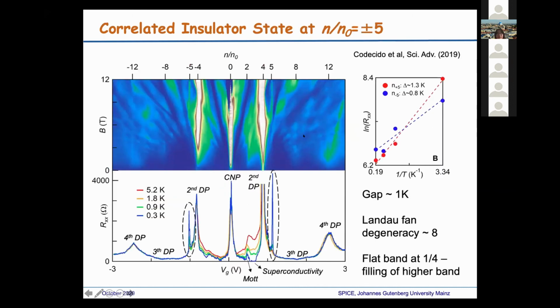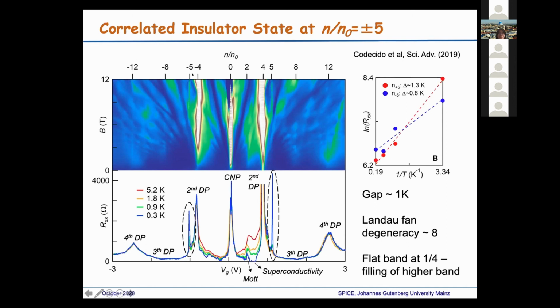Another thing we find is that, again, if we go beyond the first band, the first mini Brillouin zone, when we have plus minus 5 electrons per unit cell, we see very sharp peaks developing, which is here.